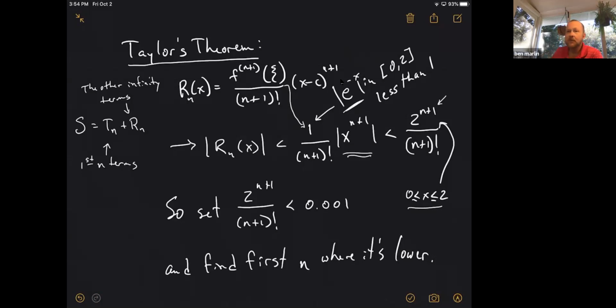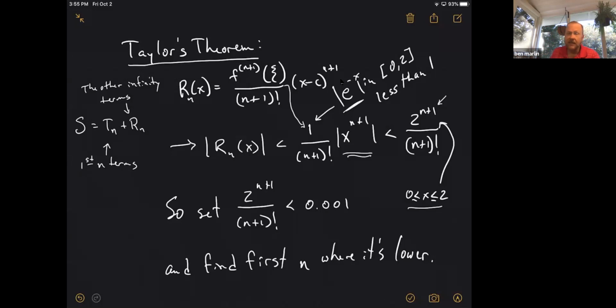Now, if you're doing a nice problem, you would be able to have a function there like 2 to the n, or n to the 15th power, or something like that, where you could just set it equal to your error bound and just figure out what the number is.